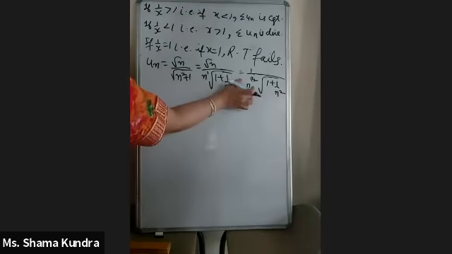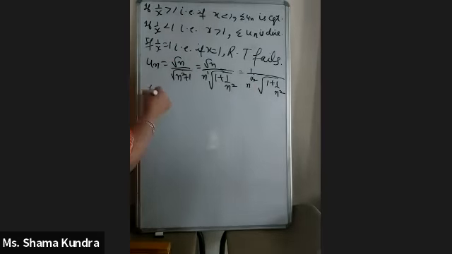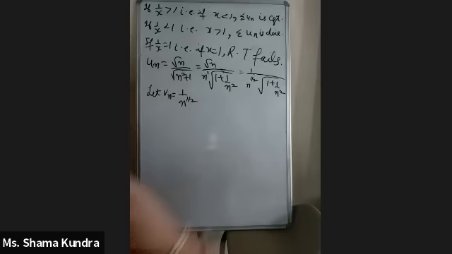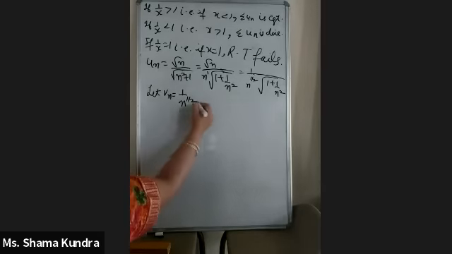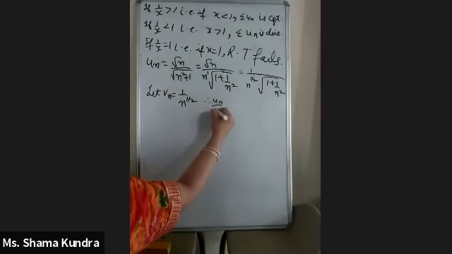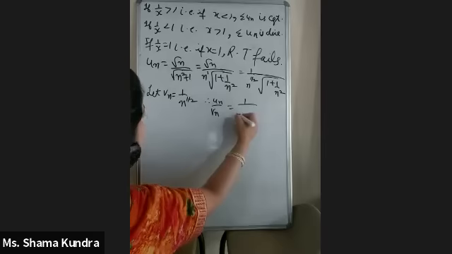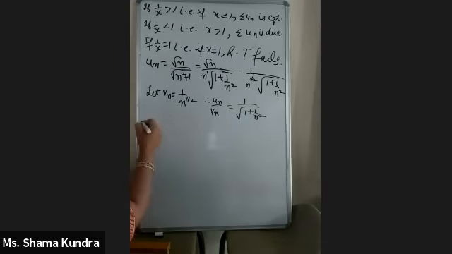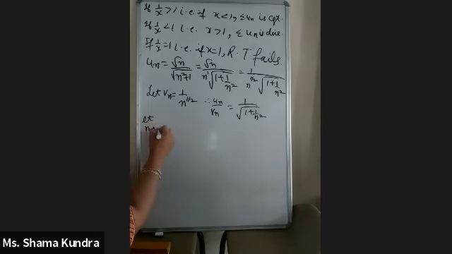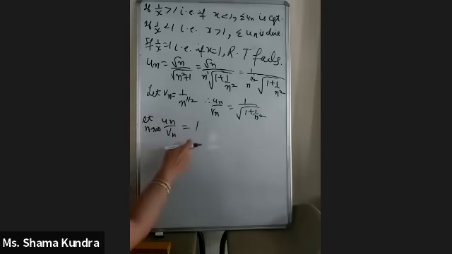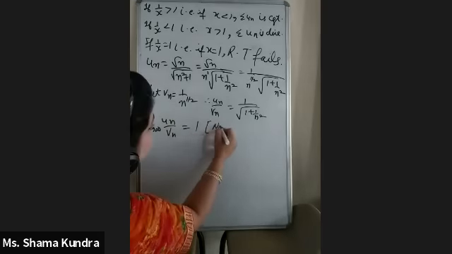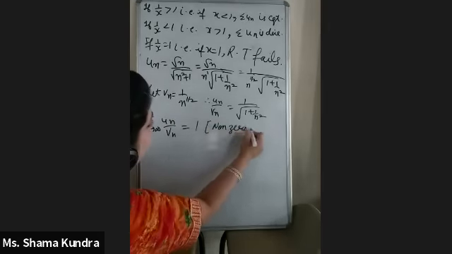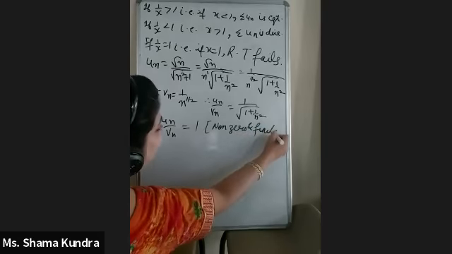You have to suppose this term as Vn. Therefore, un upon Vn, take limit n tends to infinity, we get 1, which is non-zero and finite.